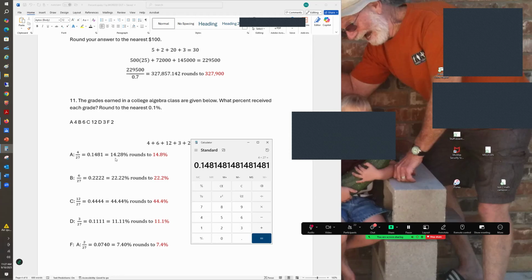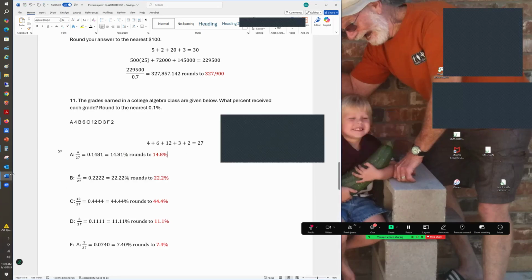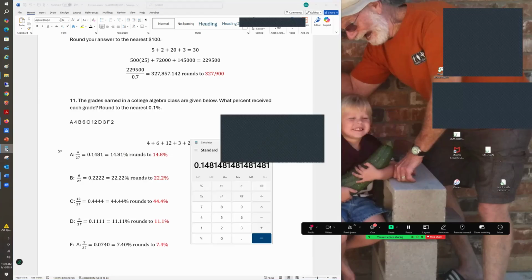Now this says 14.28. Well, that's wrong. Another typo. Jeez. Okay, that's better. Better I find them now than after I send it to you. 14.81%, which rounds to 14.8 because the 1 is not big enough.